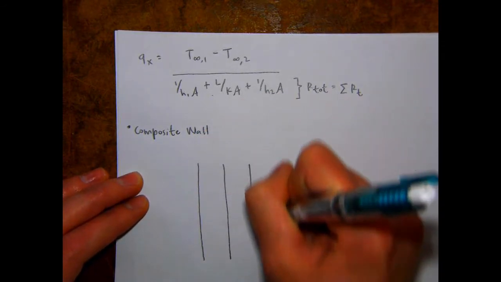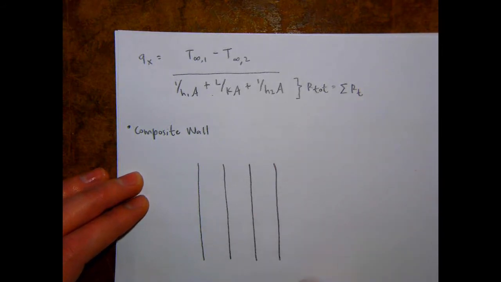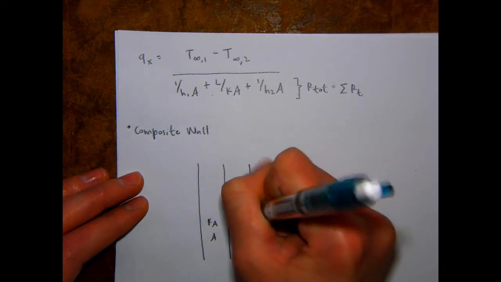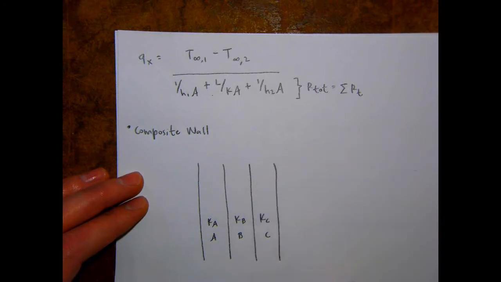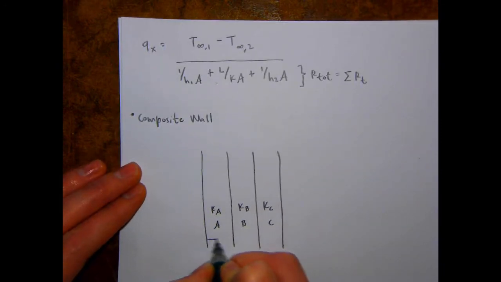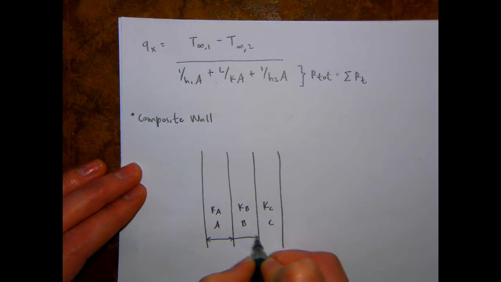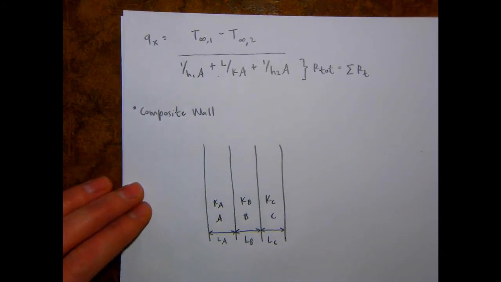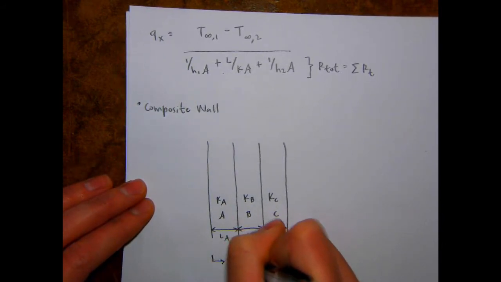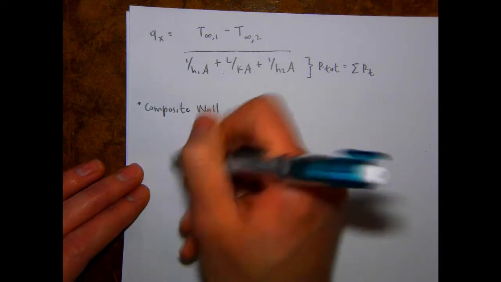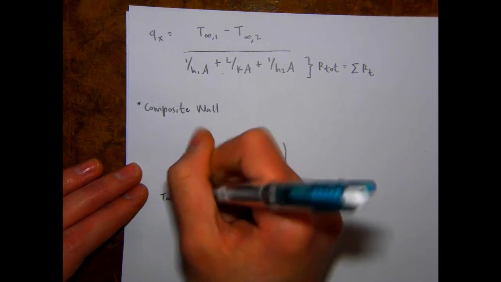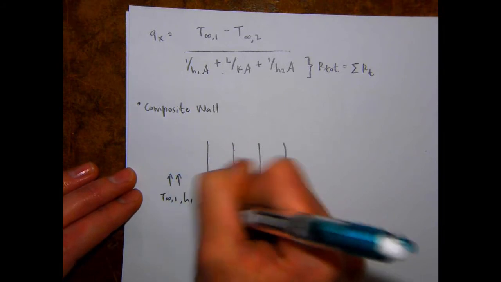Okay, so now we have a wall made of 3 different materials. This is section A, B, C. It has 3 different thermal conductivities, K A, B, and C, and 3 different lengths, L A, B, and C. Again, we're going to define x as going to the right, and we're going to have some fluid on the left at temperature T infinity 1, with convection coefficient H1.